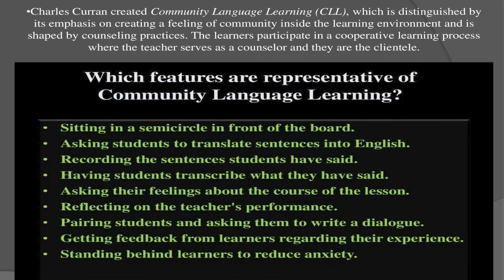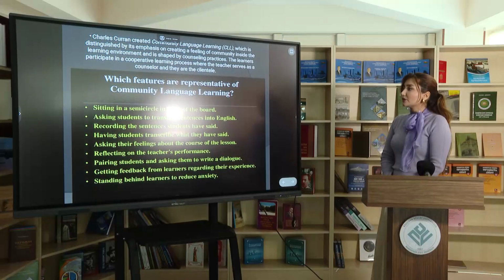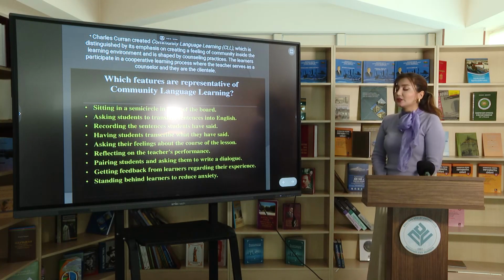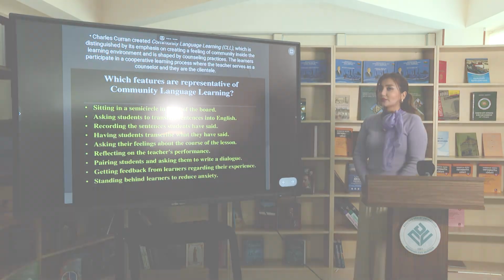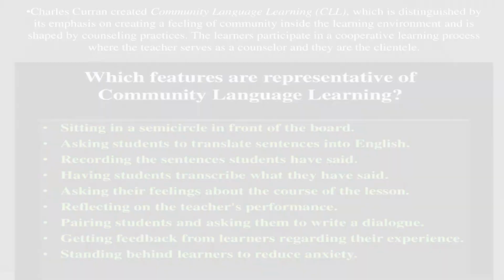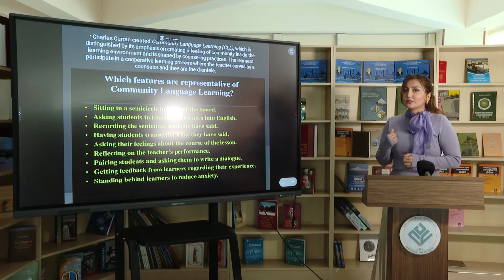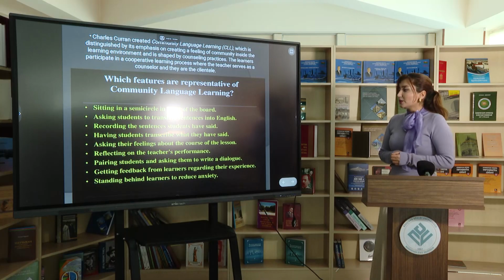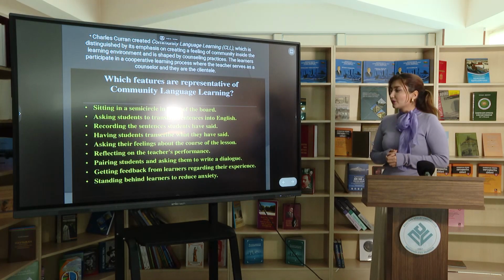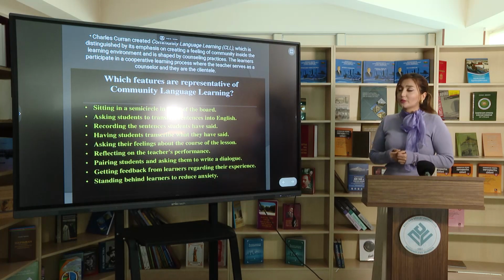Another approach is community language learning. Community language learning is created by sitting in a semicircle in front of the board, asking students to translate a sentence into English, and teachers mainly stand behind the learners because it makes students feel cozy during communication.